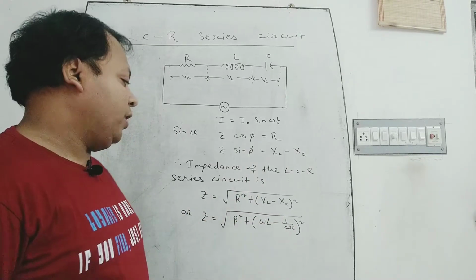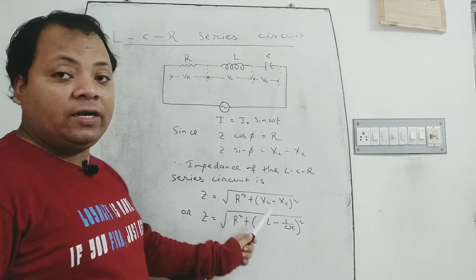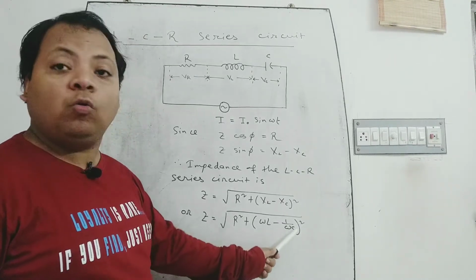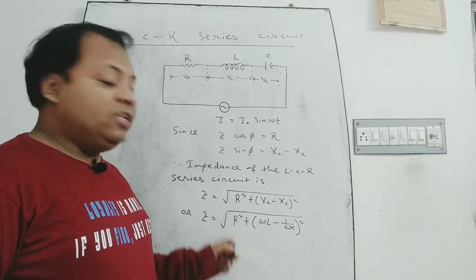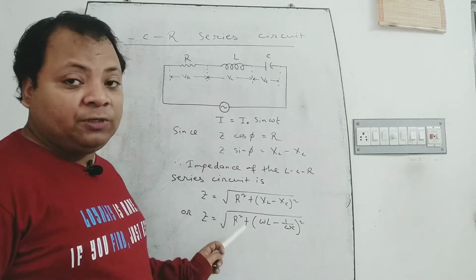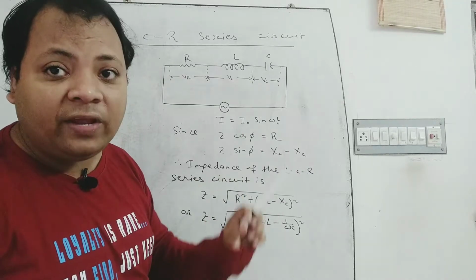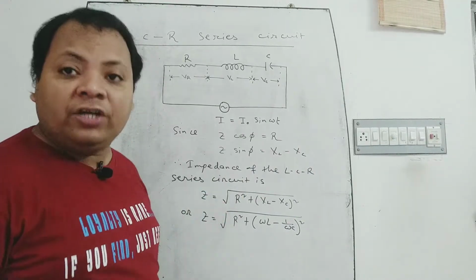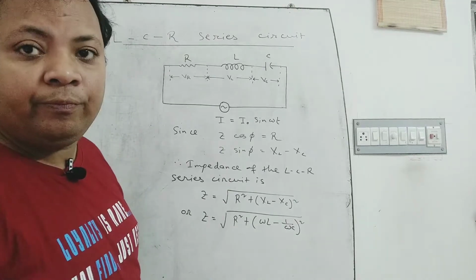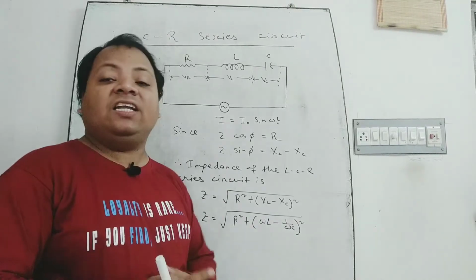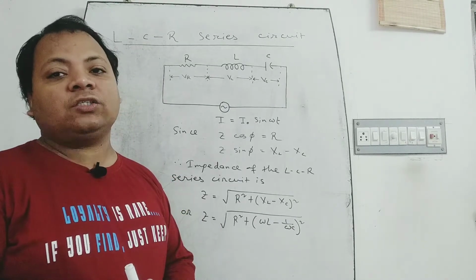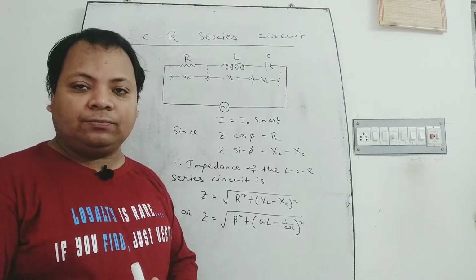Now we can put in the values of XL and XC. We have Z is equal to the square root of R squared plus (ωL minus 1/ωC) whole squared. Here Z denotes the impedance of the LCR series circuit, and Z is equivalent to the resistance of the DC circuit. The unit of Z, XC, XL or R is ohm.